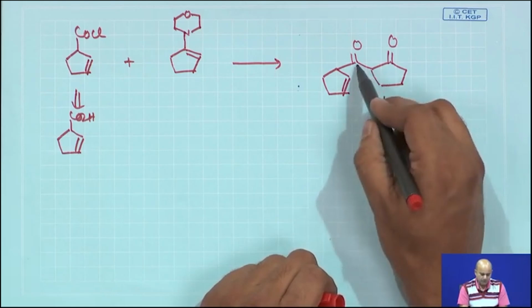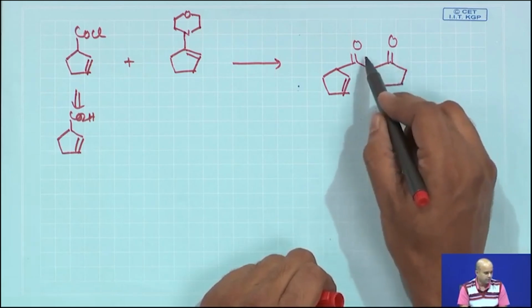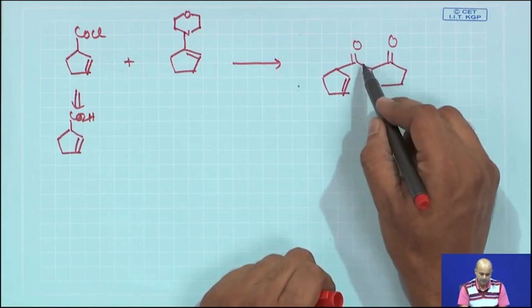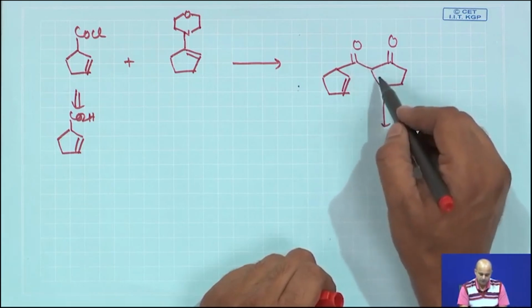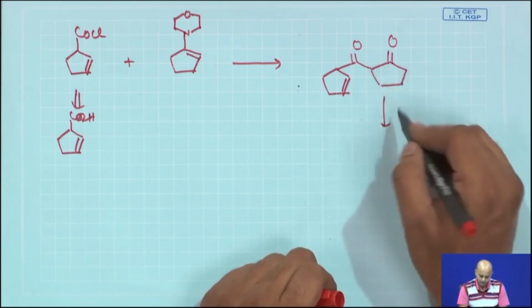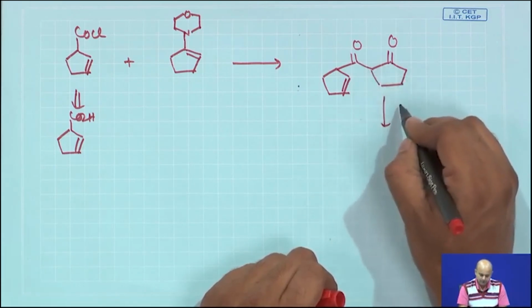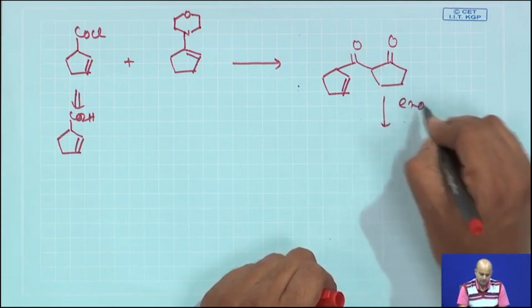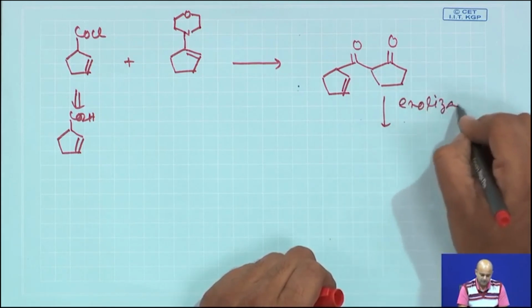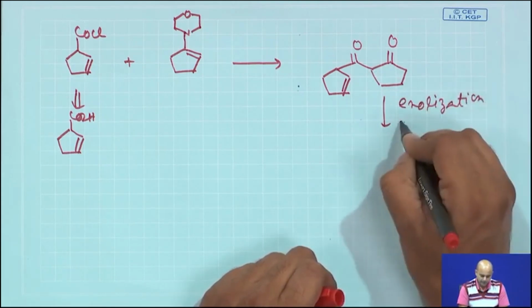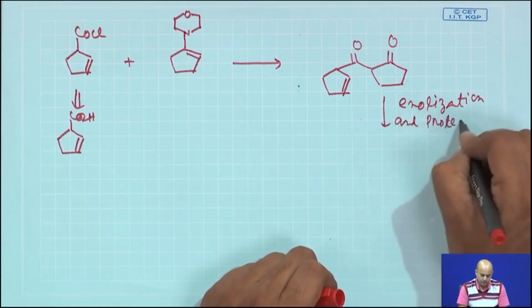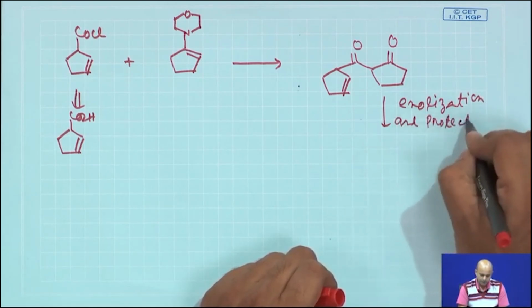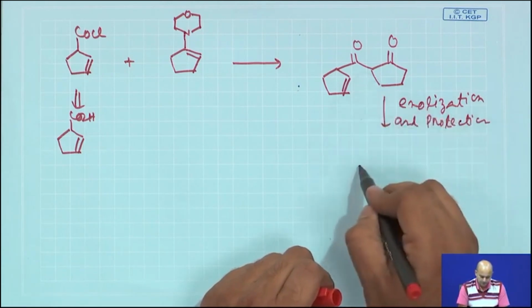Now, see this compound is basically a 1,3-diketone, is it not. So, this 1,3-diketone you can now simply do an enolization and protect with a suitable protecting group, and protection of this thing. So, then what we will get?